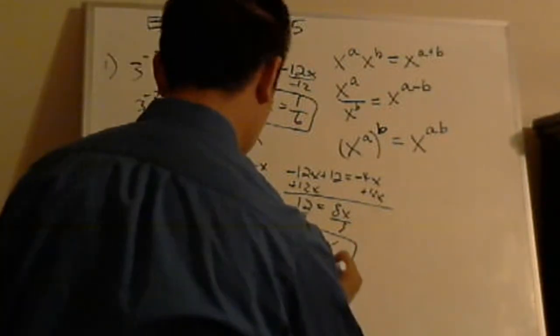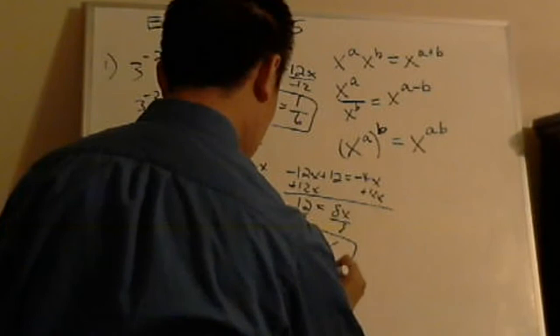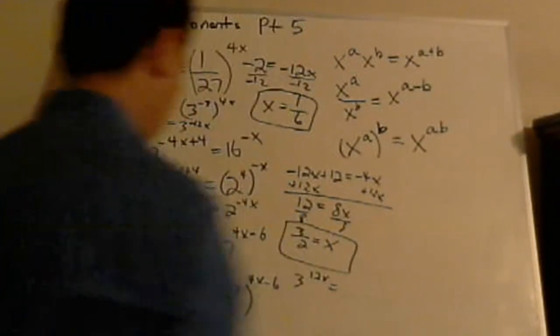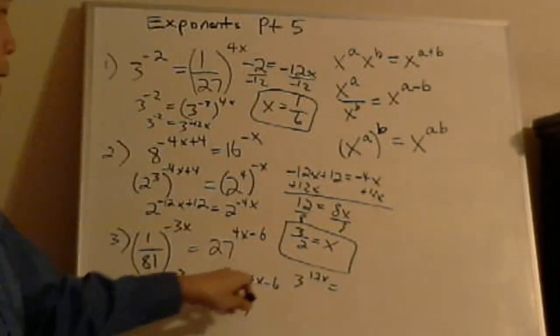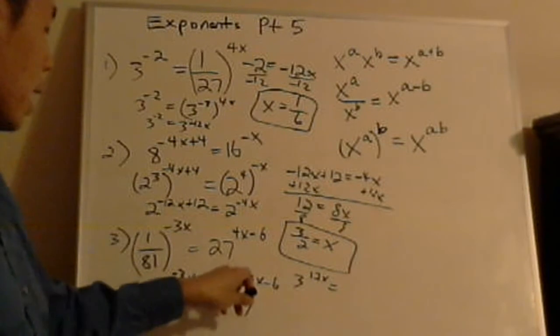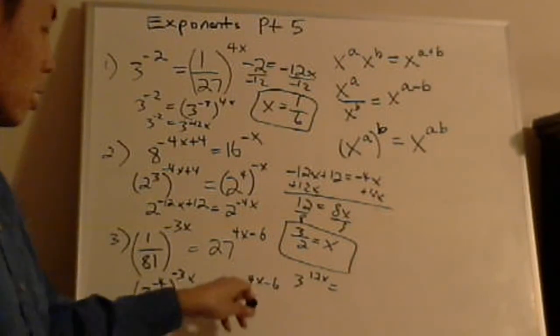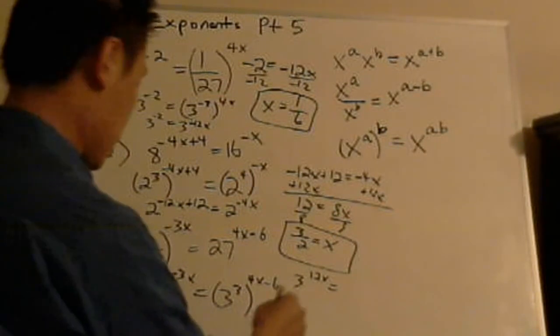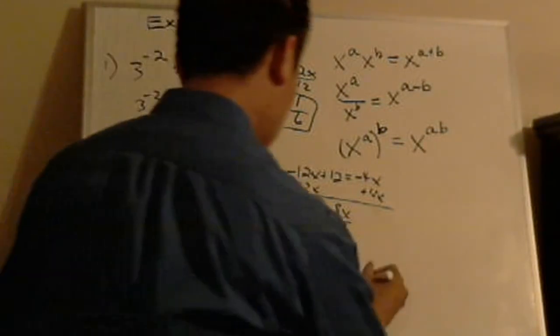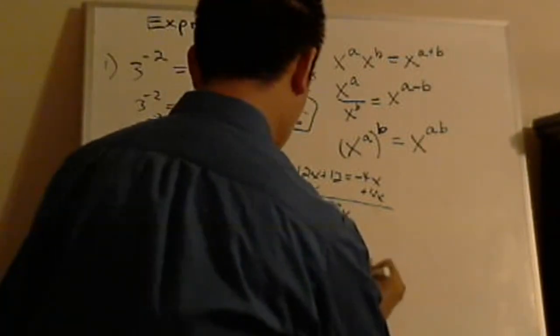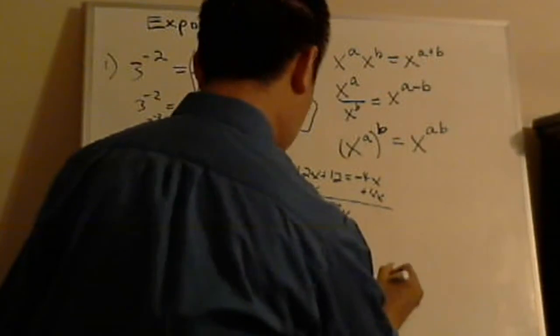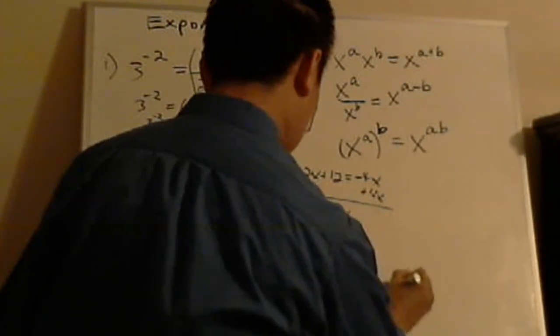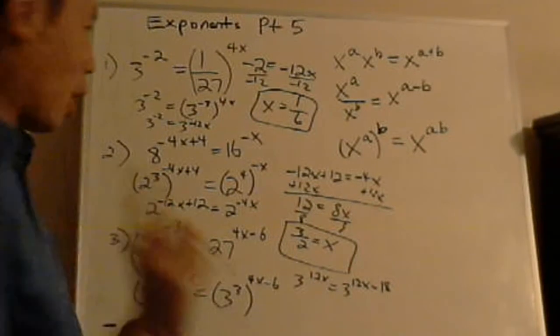Let me write it over here. And 3 times 4x minus 6, so you have to use the distributive property here. So 3 times 4x will be 12x minus 18. This is an interesting problem, okay?